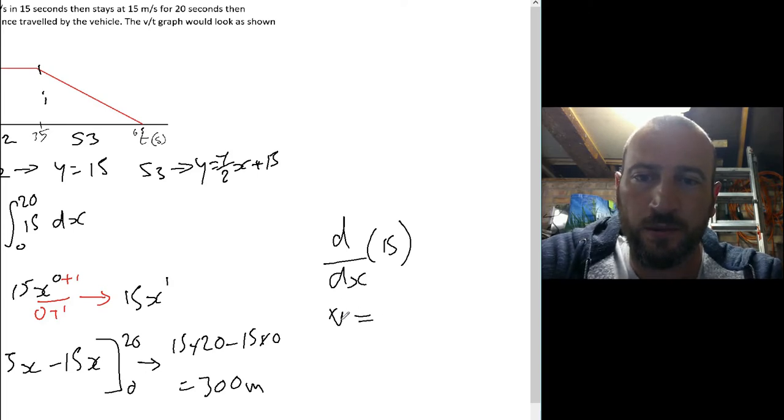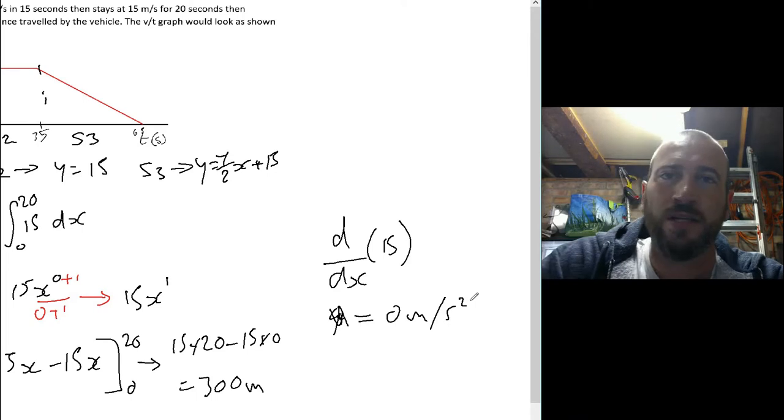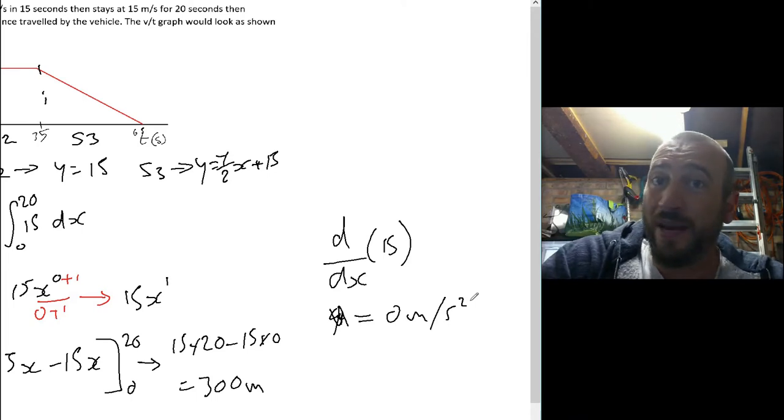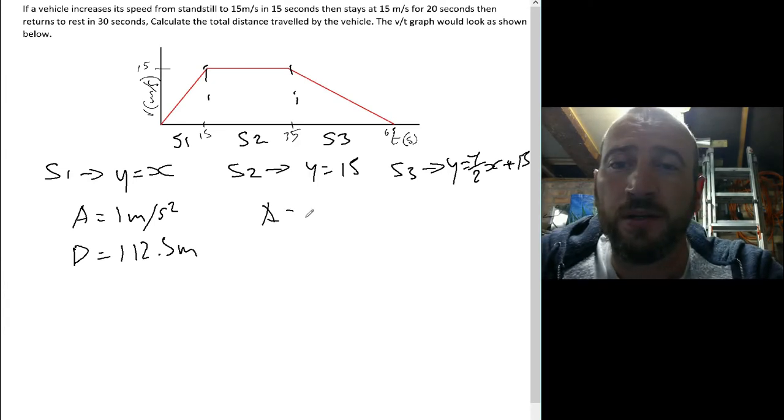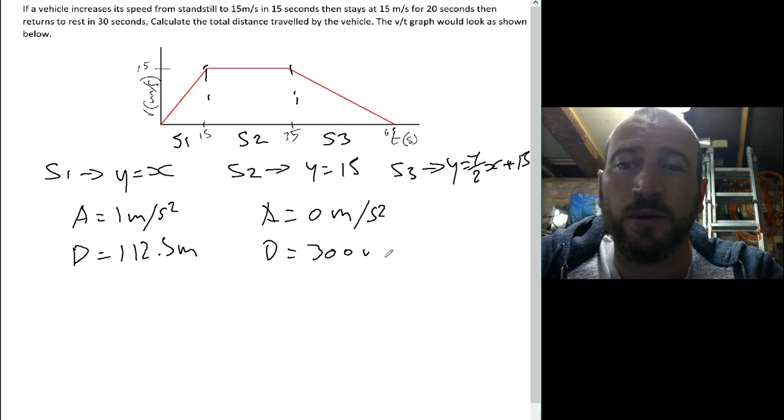So the acceleration equals 0 meters per second squared. Because there's no x, it has to become 0. In section 2, our acceleration is equal to 0 meters per second squared, and our distance is equal to 300 meters.